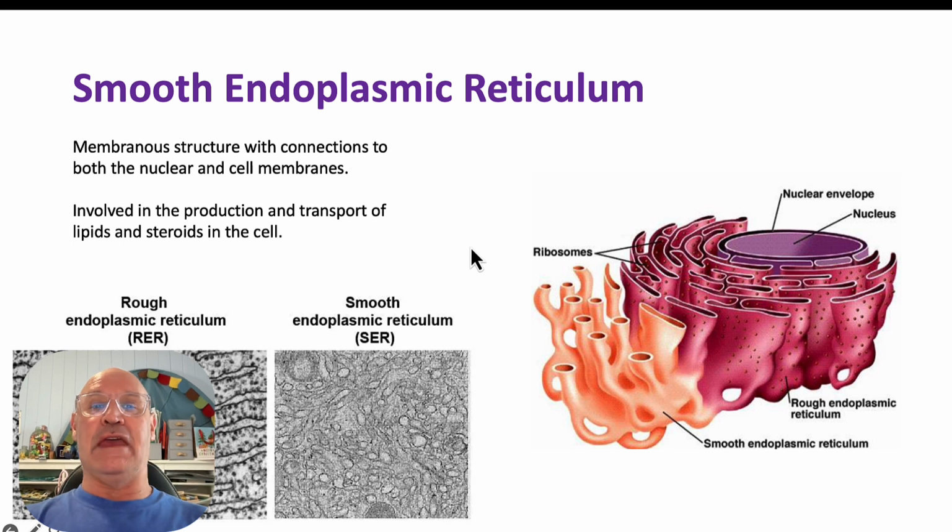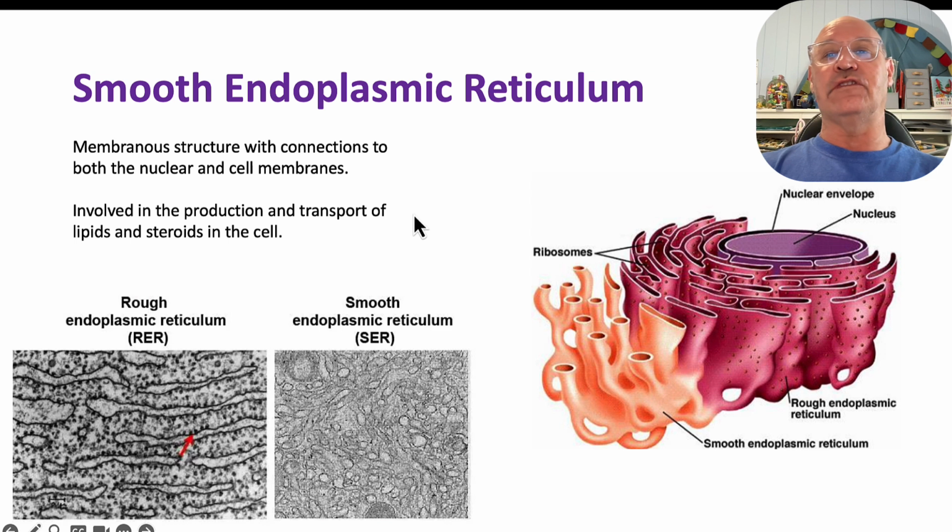So the smooth endoplasmic reticulum, it's smooth because it doesn't have the ribosomes. So instead of being involved in the production of proteins, it's involved in the production of lipids.